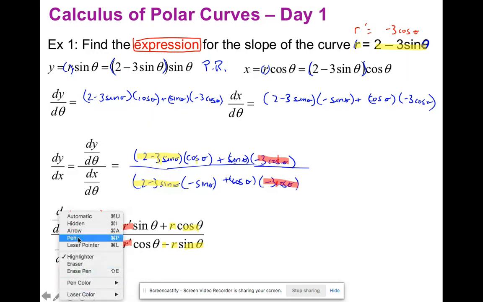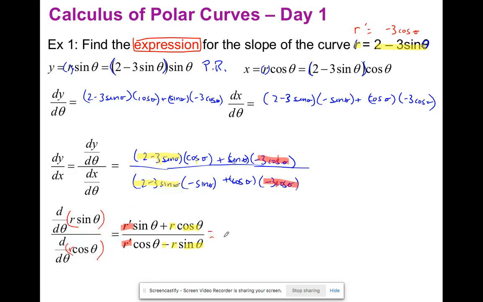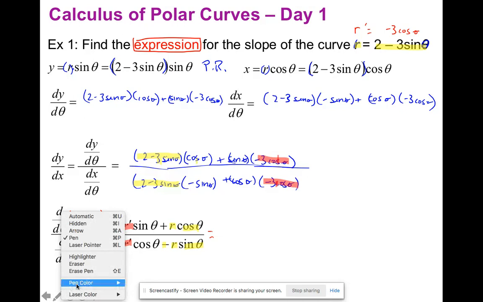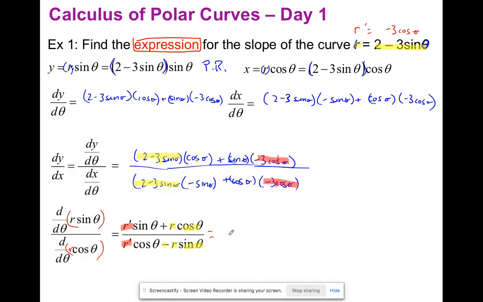So if I had, instead of doing the product rule for each one, what if I just memorized this formula? I would have had to find r prime, but I would have done that and put it in the numerator and denominator.